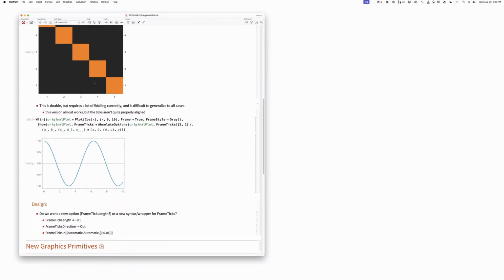And each one of those individual frame tick edges could then be an association itself with more detail. Does that make sense?